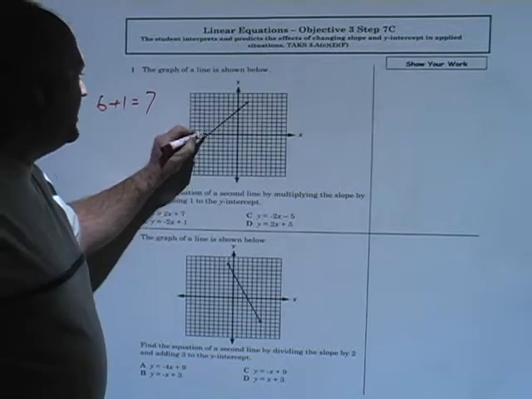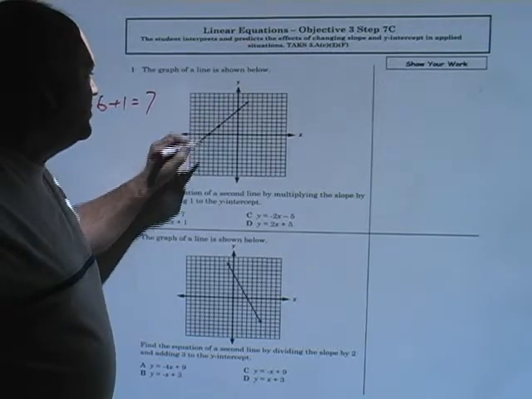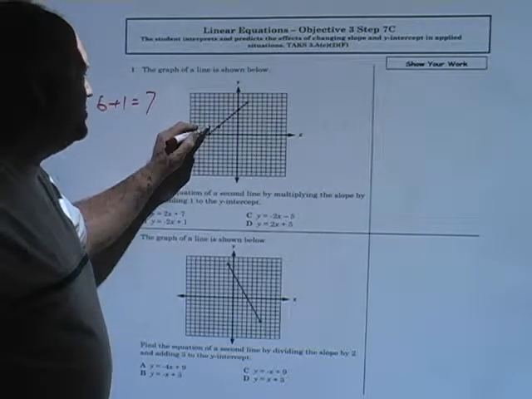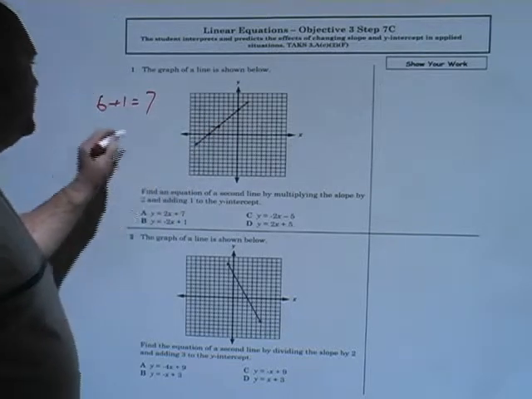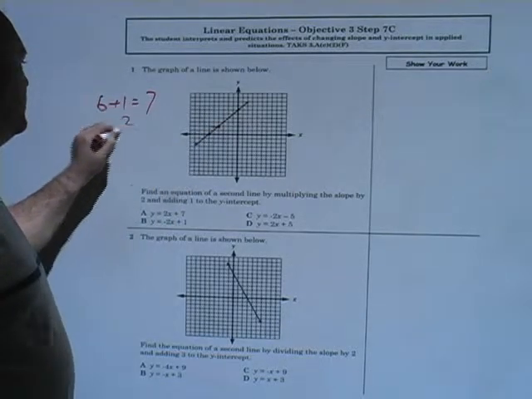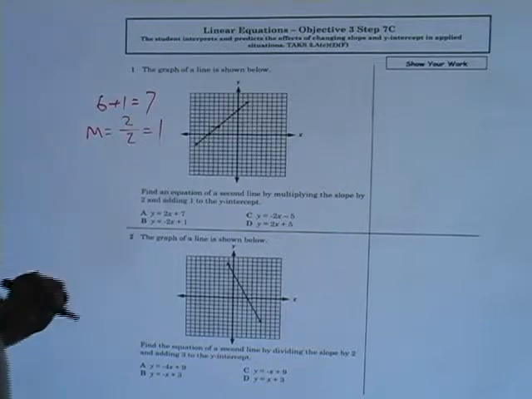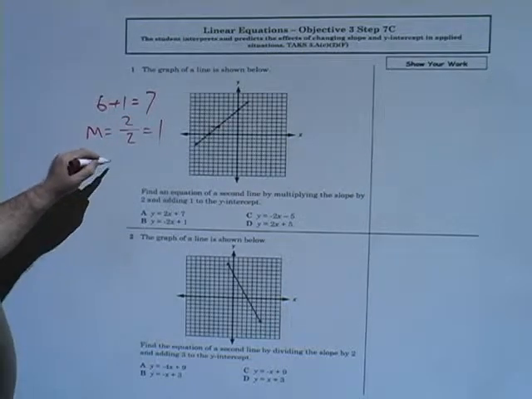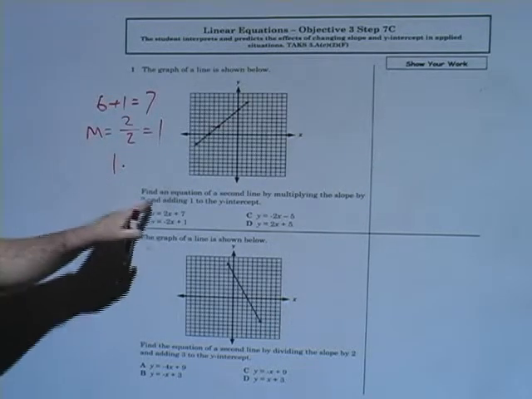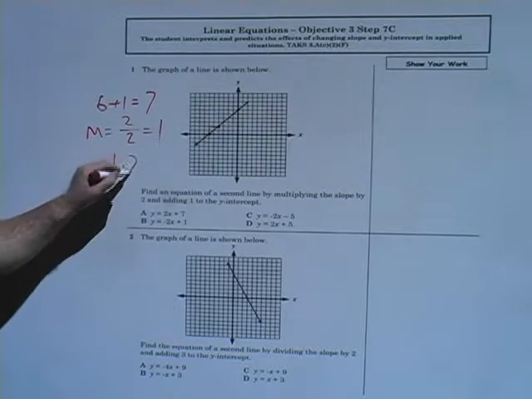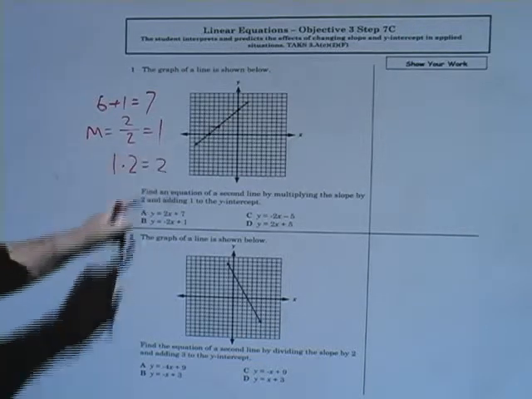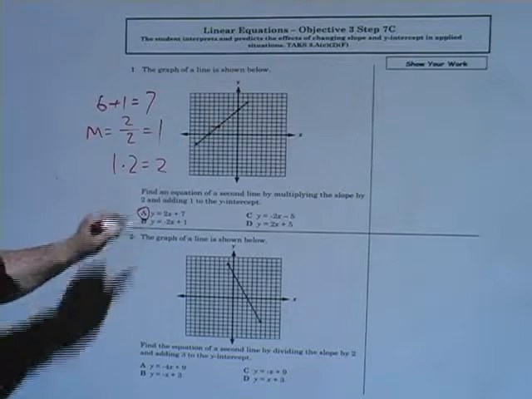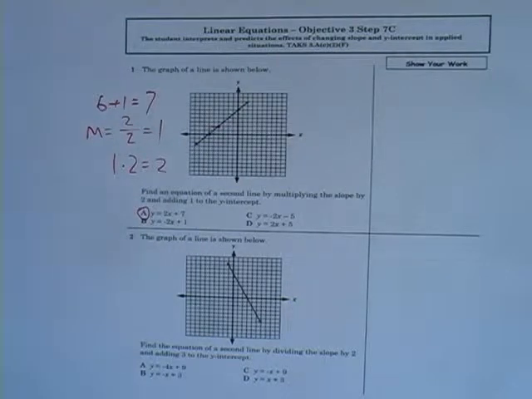Our slope here, I'm just going to pick those 2 points. I'm going up 2, over 2. So slope is 1. Our new slope will be 1 times 2, so our new slope will be 2. Okay, answer A.